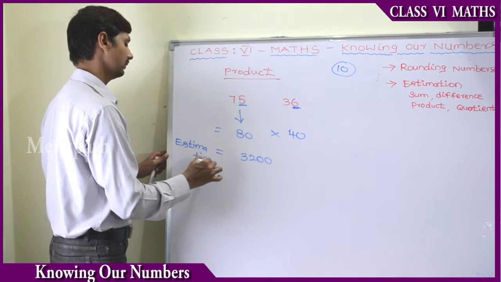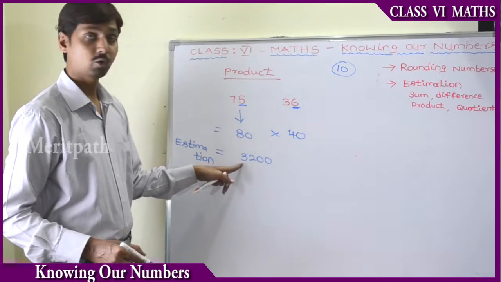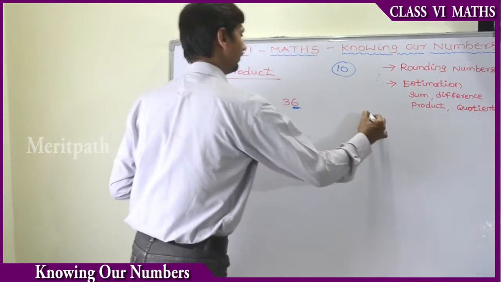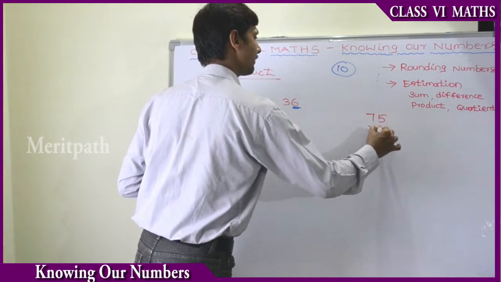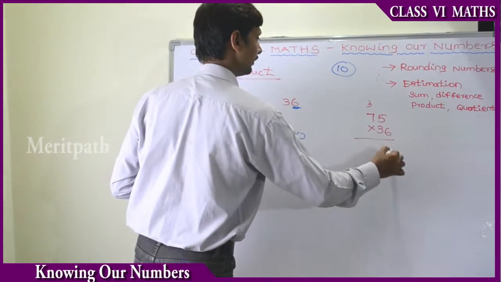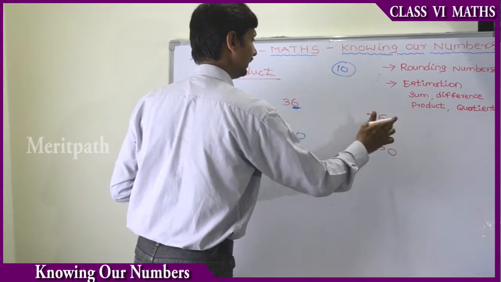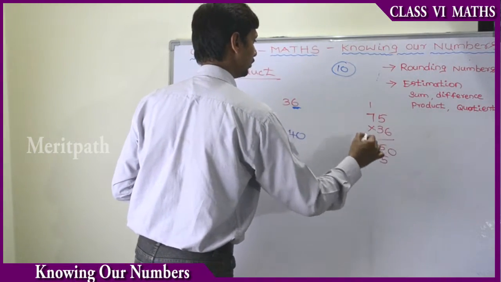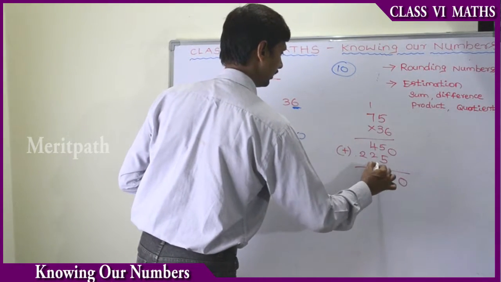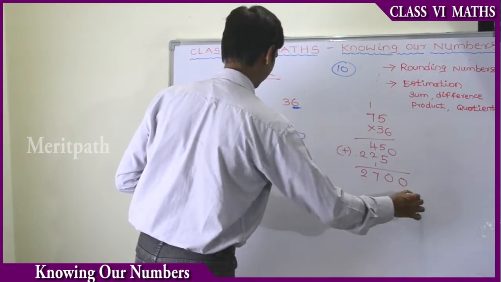After estimation, we got 3200 as the product. Now the actual product: let us multiply 75 and 36. Multiplying these two numbers, we get 2700.